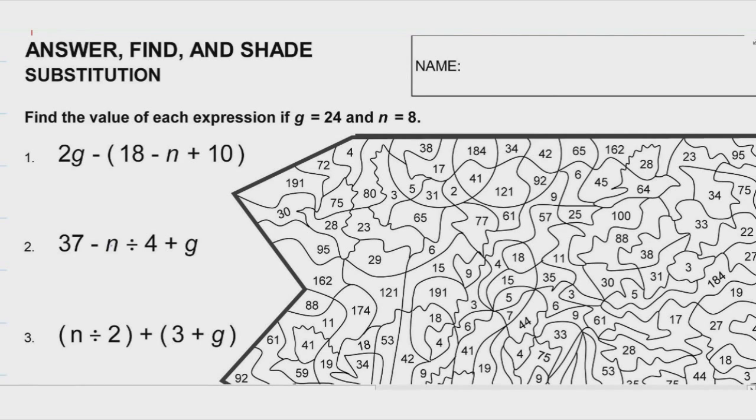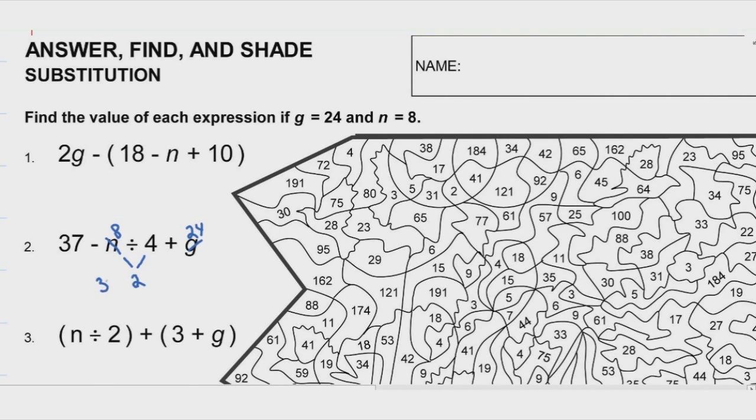So welcome back. You just did problems 2 through 6 on your own. Now let's go over the answers and see how you did. All right, problem 2. We know n's going to equal 8. And g is going to equal 24. Now we solve. Well, order of operations, we need to do division first. So 8 divided by 4 is 2.